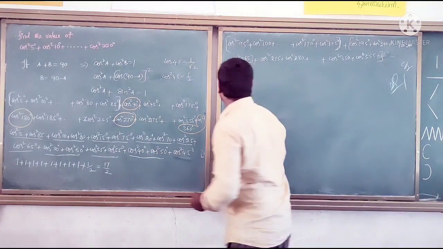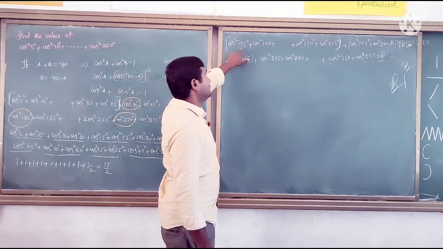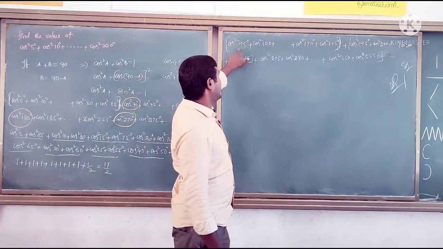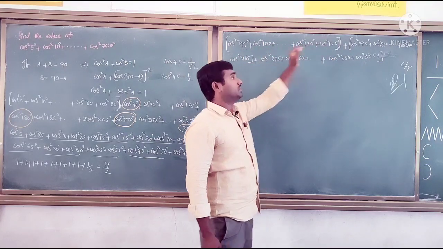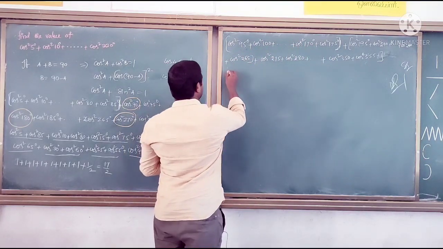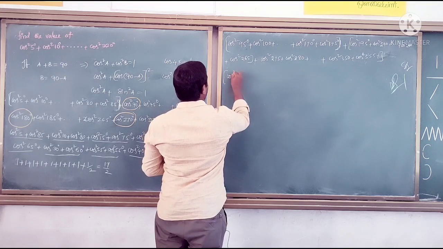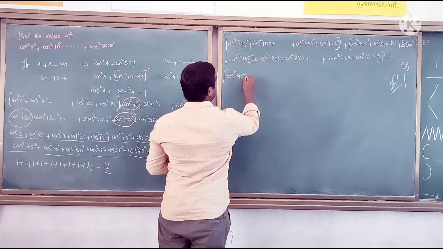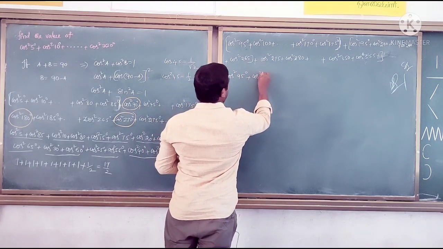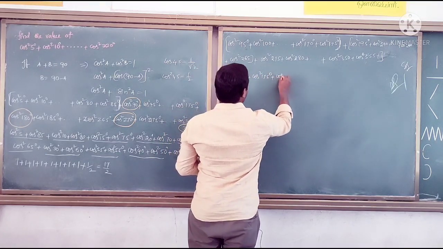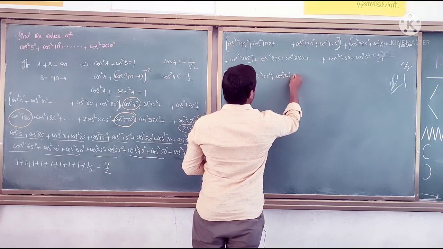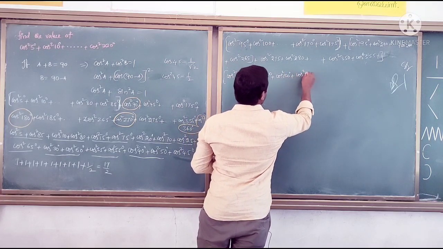Now, in this series I am writing cos square 95 degrees together with cos square 175 degrees. So if you write together like that, it becomes cos square 95 degrees plus cos square 175 degrees, plus cos square 100 degrees plus cos square 170 degrees.